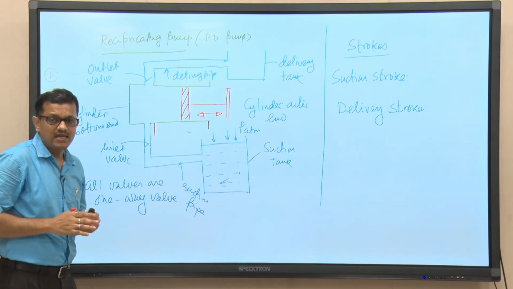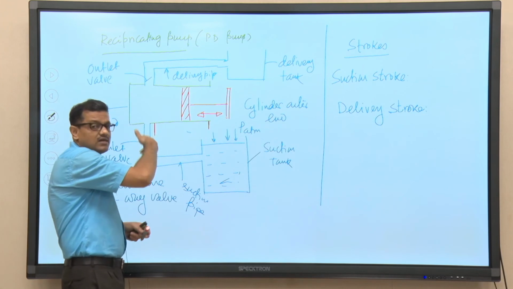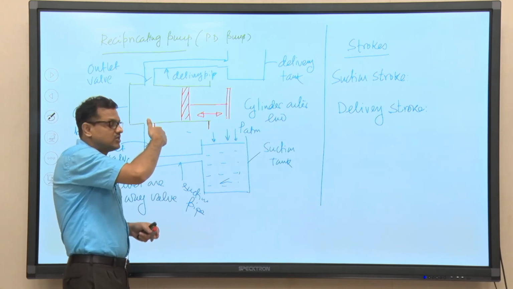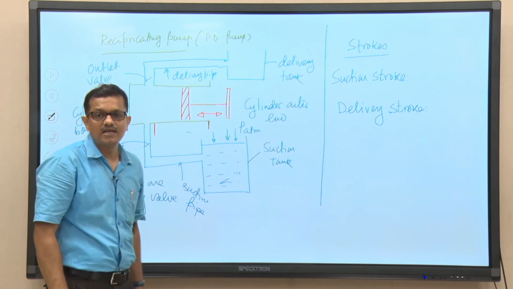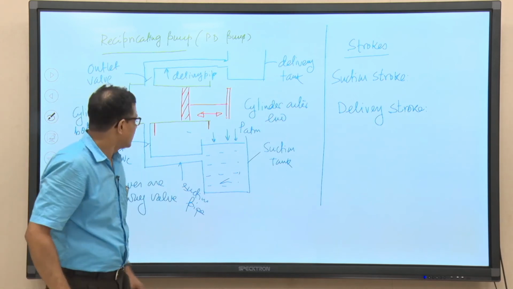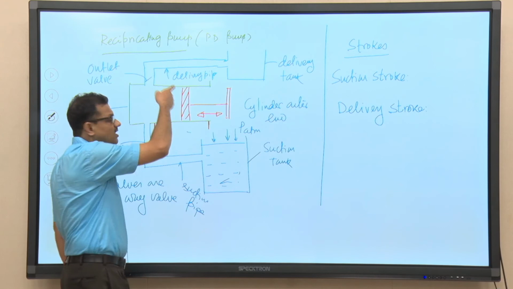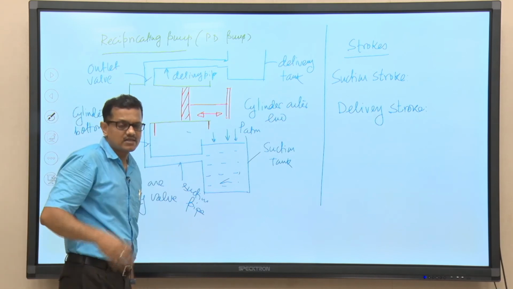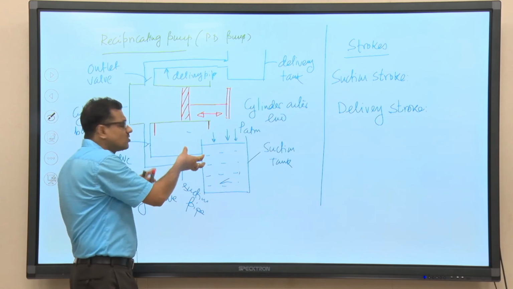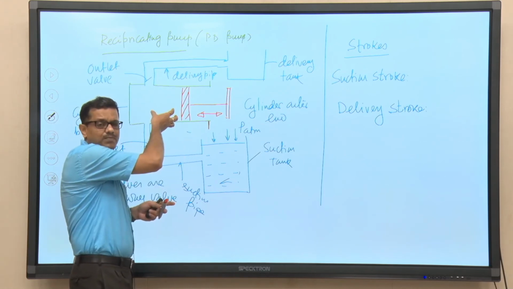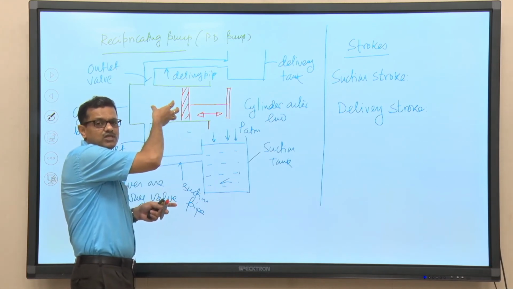So, you can see this is not the case that we studied in the discussion of the radial flow pump or axial flow pump, where there is a rotating element and always some amount of liquid is coming into the pump and some amount of liquid is going out from the pump.